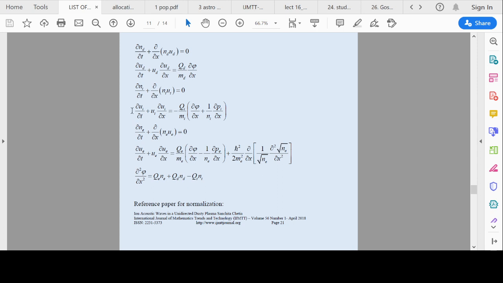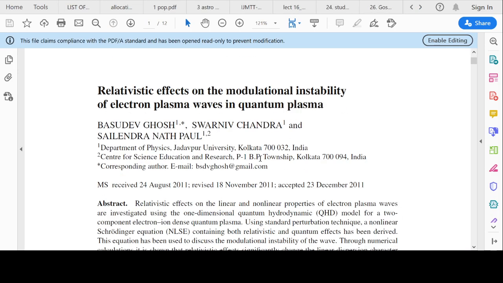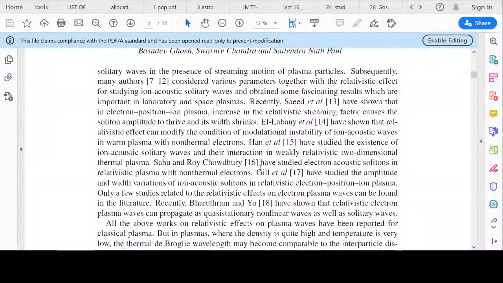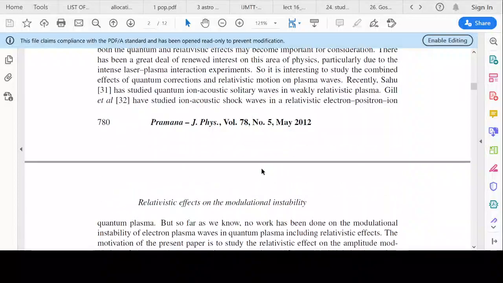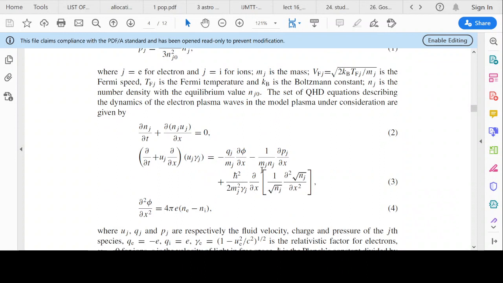Similarly UY, not this UY, but this UY and this UY must be multiplied by gamma i as well as gamma e. How? Let's check here, as we have done in the Pramana paper long time back. Yes, you see, these are the gamma terms that we have used. So you can just improvise your problem. I think that will be quite helpful for you.